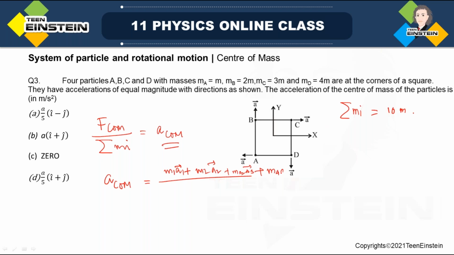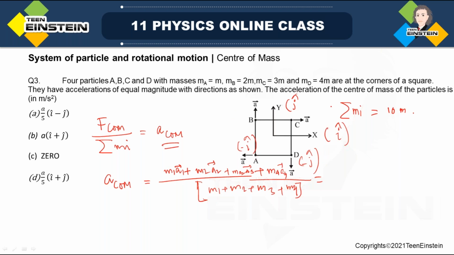So this is m4 a4 with the vector sign, divided by m1 plus m2 plus m3 plus m4. Now look, I'll take this as x, that means x i cap, this side is j cap, and this side obviously will be minus i cap, and downwards it will be minus j cap. I'll write in terms of unit vectors, then things will be all right.